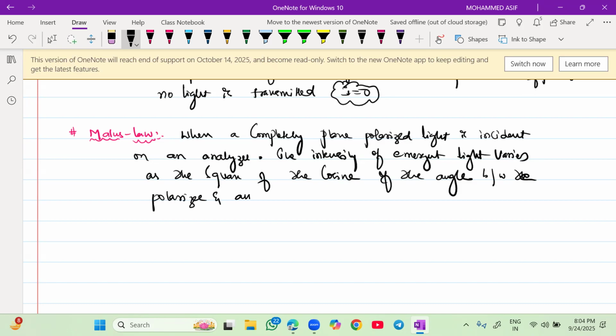Am I clear? When completely polarized light is incident on your analyzer, the intensity of the emergent light varies as the square of the cosine of the angle between polarizer and analyzer. That is your Malus law. Am I clear?